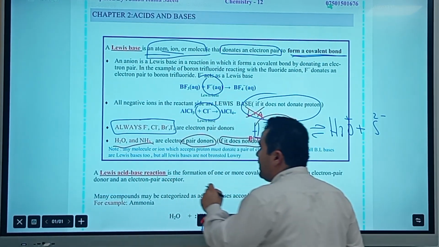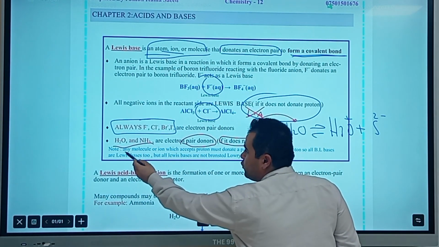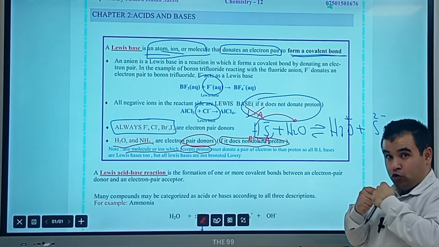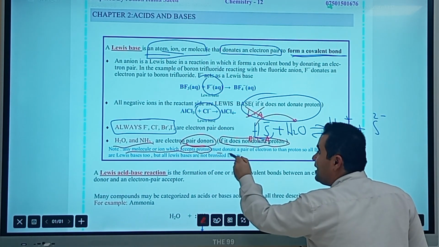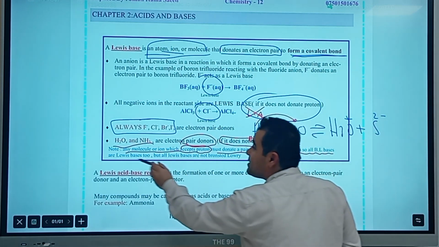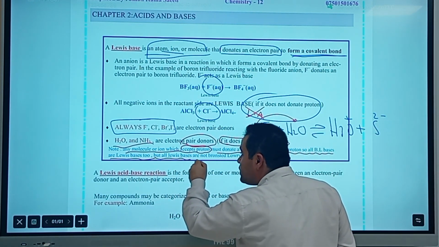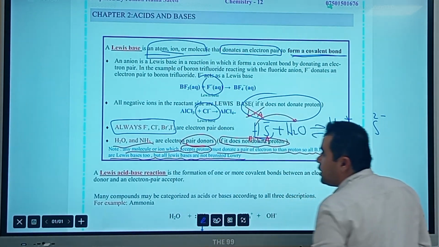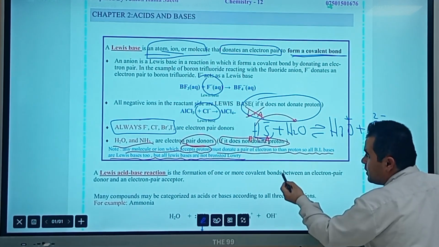And we have a note here. Any molecule or ion which accepts a proton must donate a pair of electrons to that proton. So all Bronsted bases are Lewis bases too. Let me provide an example, guys.